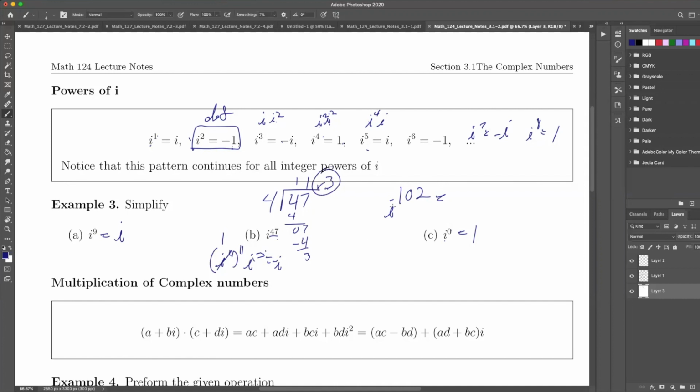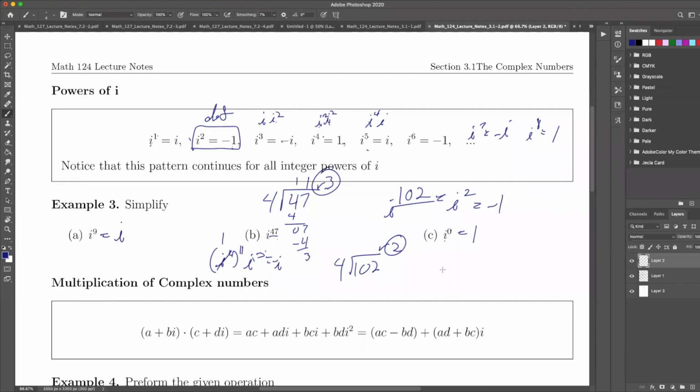What is 102 divided by 4? Divided by 4, what's my remainder? 2, right? And so i to the 102 is the same thing as i to the 2. And so you just find whatever the remainder is, and then you just look at your little list.